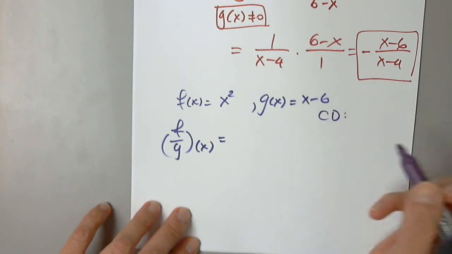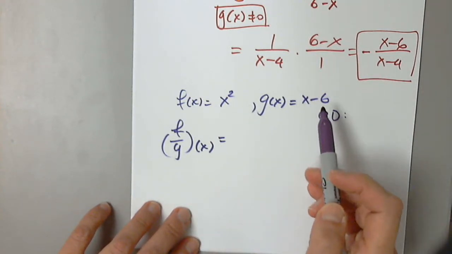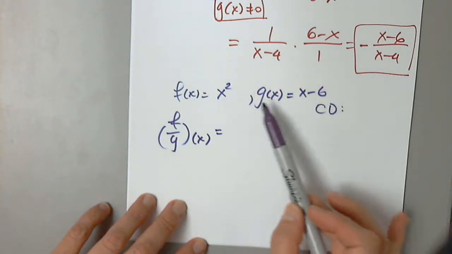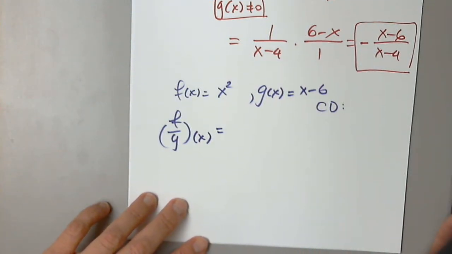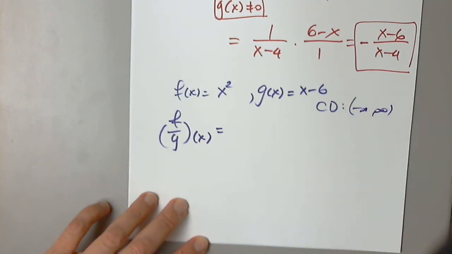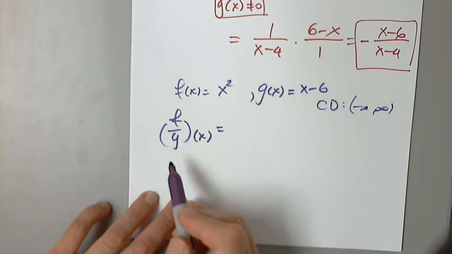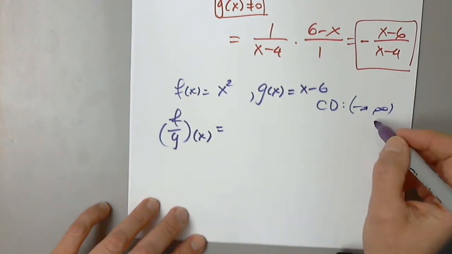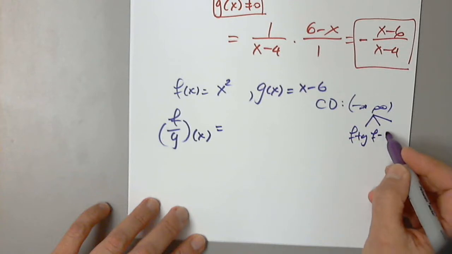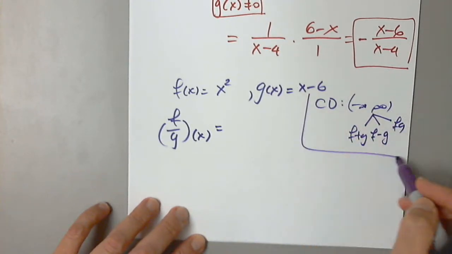And the common domain is what? They're polynomial functions. X squared and x minus 6 have no restrictions whatsoever, right? They're polynomial functions. So the common domain is everything. But when I determine the domain of the ratio, so that this is going to be the domain of 3 more functions, the sum, the difference, and the product, always.